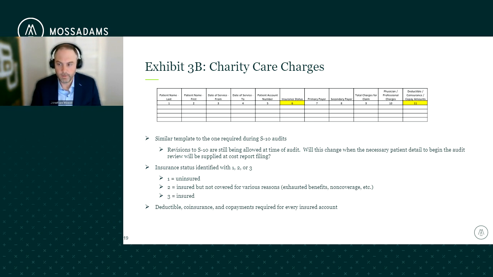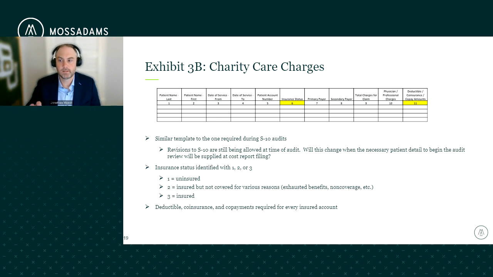I think it's very important to understand how this insurance status then flows back to S10. Insurance statuses of 1 and 2 will flow back to line 20 column 1, the uninsured line. And insurance status 3 will flow to line 20 column 2 on S10. So when you're filling this out, make sure you understand that.